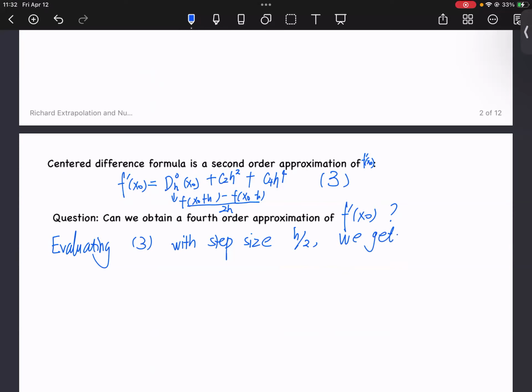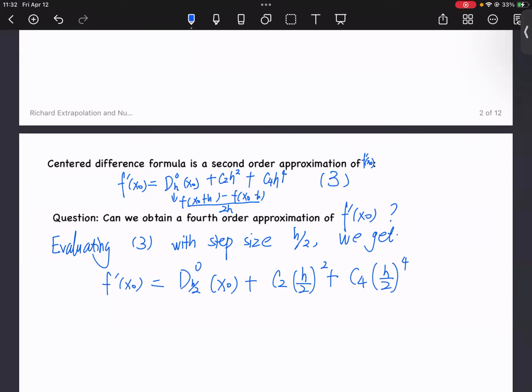So that is the same on the left-hand side, just the first derivative, and then equals, instead of h size, we have h/2 as the step size. This is still the standard difference formula. And then C2 here, replacing h with h/2 and squaring, plus C4 with h/2 to the fourth order.